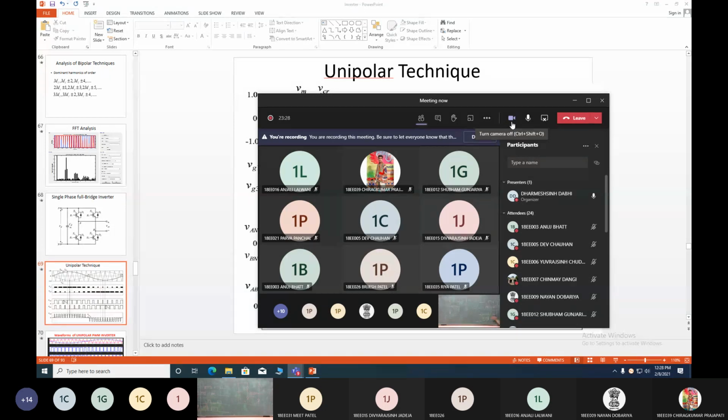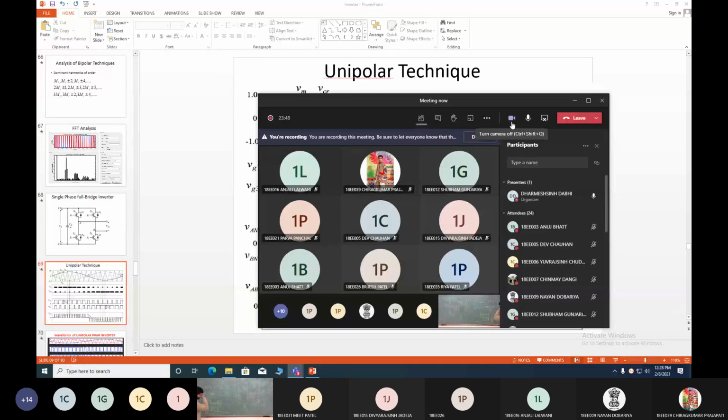Only for this duration of time do you get the load voltage VAB. Clear? So only during this period at the output side you get the positive voltage.